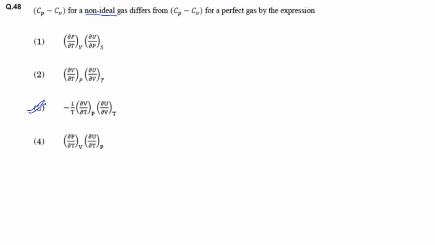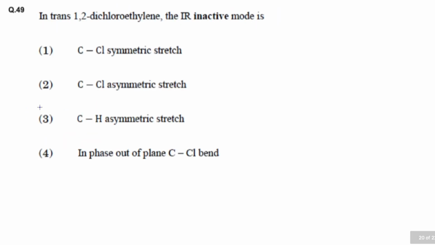I have solved this many times in the series of videos going on the channel on thermodynamics, so you'll find the complete derivation there. So option 3 is the correct option.